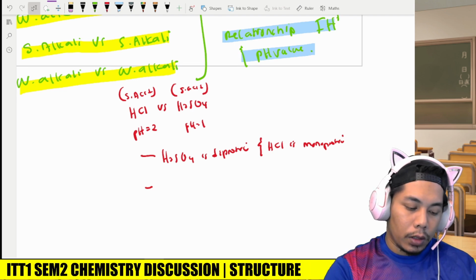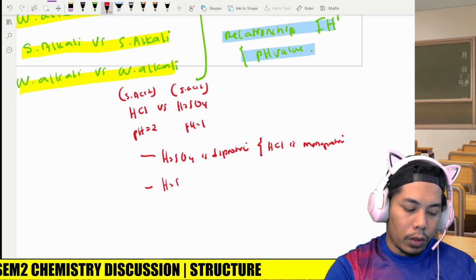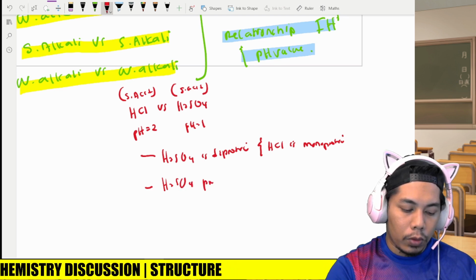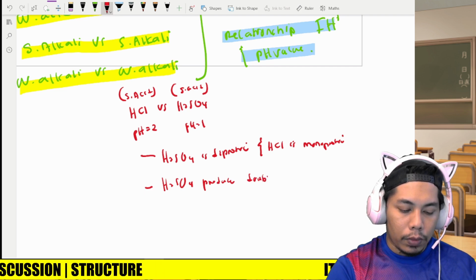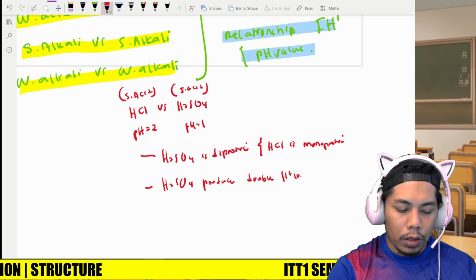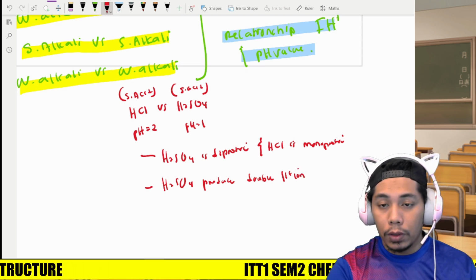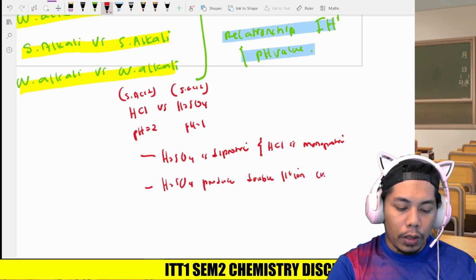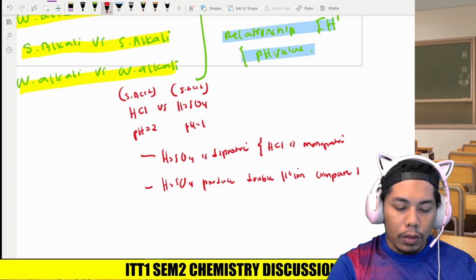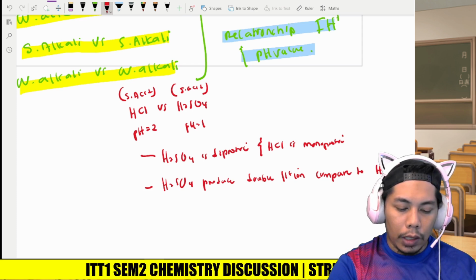So H2SO4 produce double hydrogen ion, ataupun 2 times greater hydrogen ion compared to HCl.